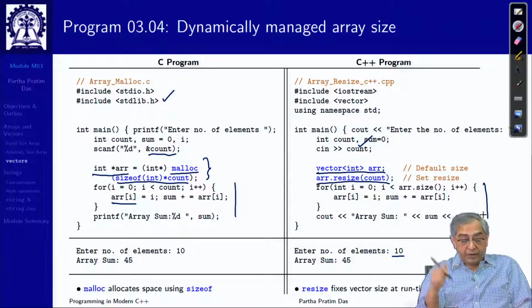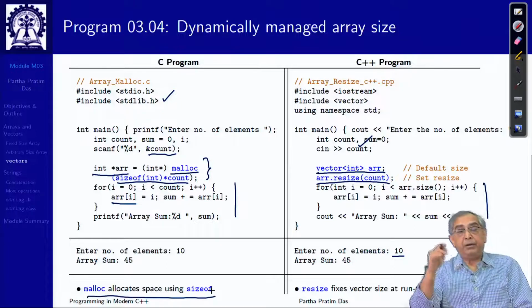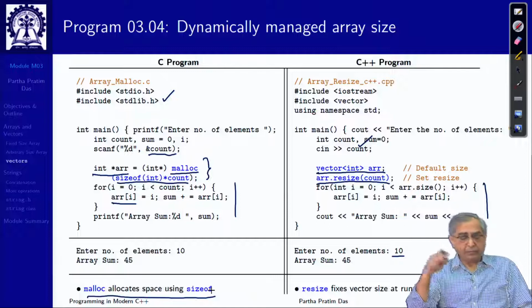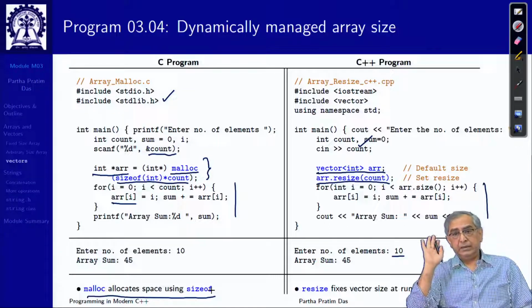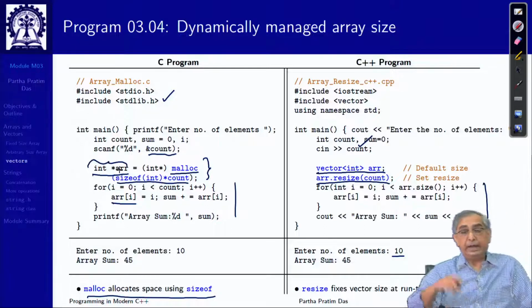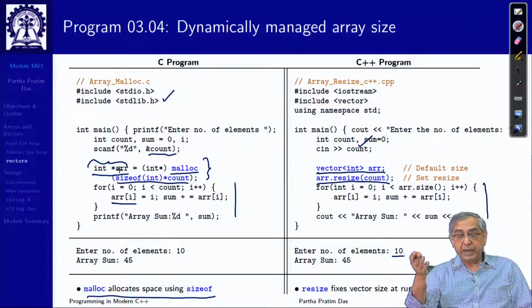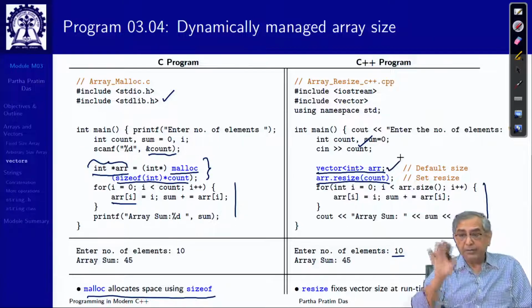So, a couple of advantages. One is, for using malloc, you have to do the size of, and it's complicated syntax, a lot of things to be written, and then you have to do a kind of bypass by taking a pointer and then interpreting it as an array. Here it is just straightforward, simple to write.